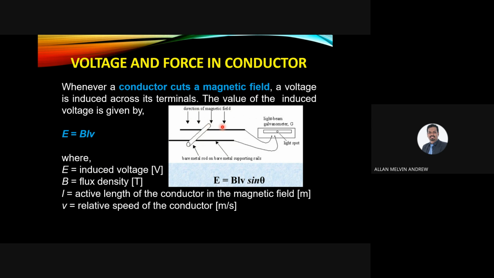The value of the induced voltage is E equals BLV. What is B? B is the flux density, L is the active length of the conductor, and V is the speed of the conductor. We will see one example for this.